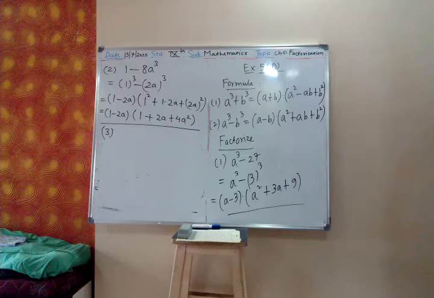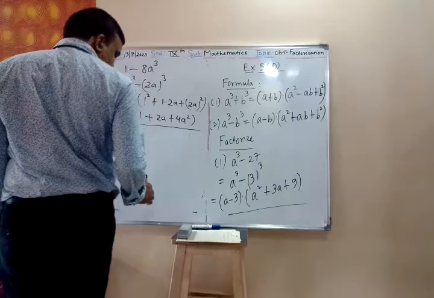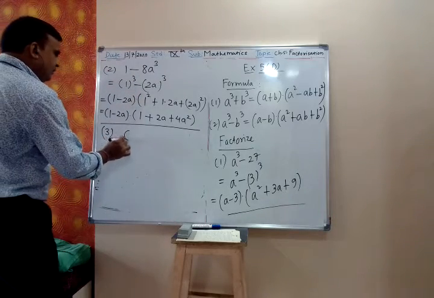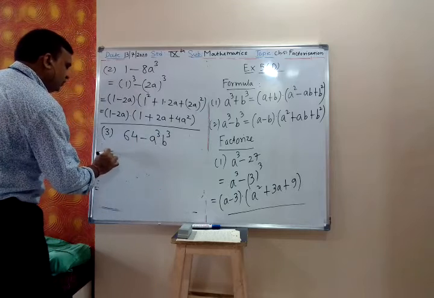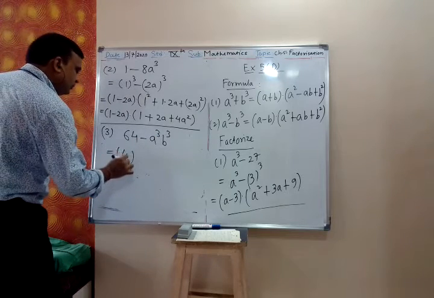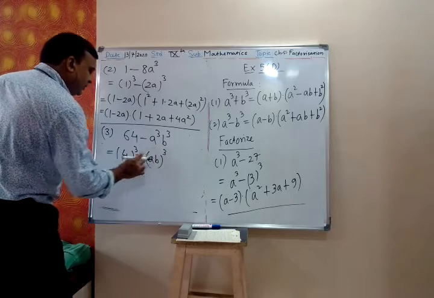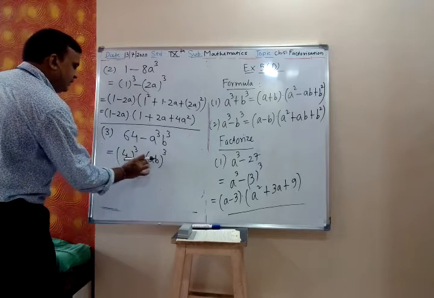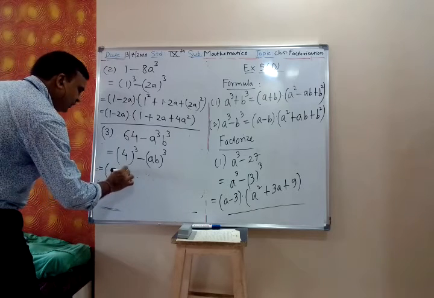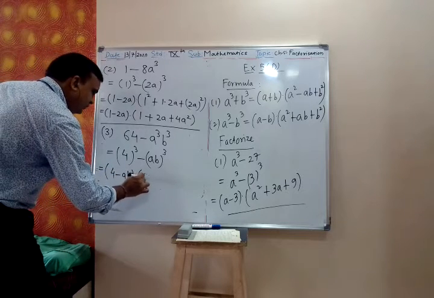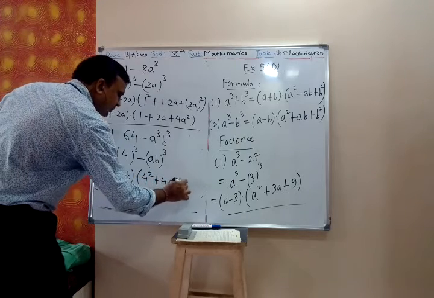Now third one, 64 minus a cube b cube. 64 you can write as 4 cube, and a cube b cube you can write as ab whole cube. So again it is a cube minus b cube. So that becomes 4 minus ab into 4 square plus 4 into ab plus ab whole square.